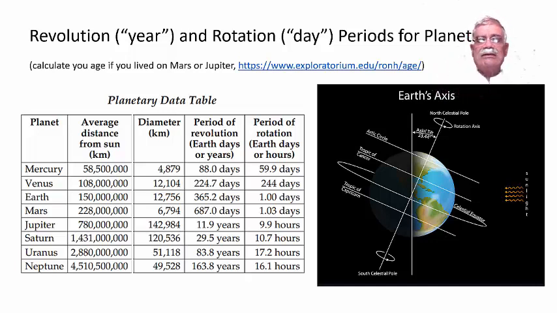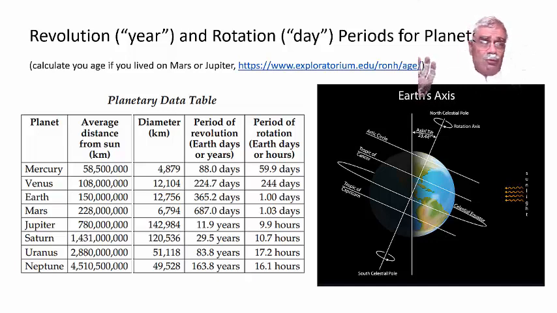But yet the larger planets, the gas planets, seem to rotate more rapidly. Jupiter, about 10 hours, Saturn about 10 hours, and Uranus and Neptune about 16 hours to rotate.